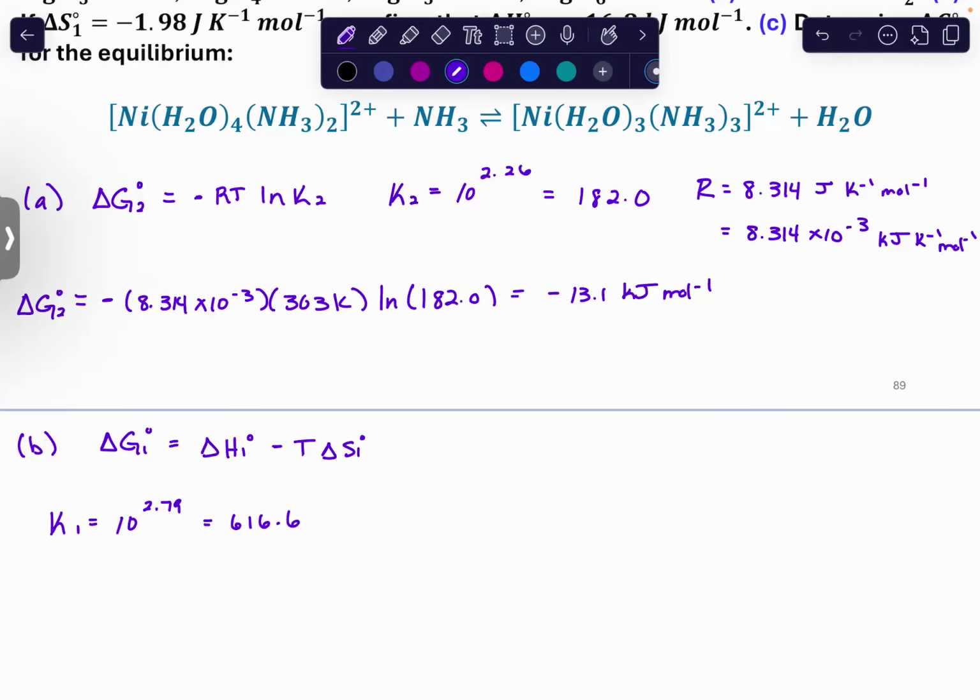But first off, just look at this, K2 versus K1. Do you see how much bigger K1 is than K2? That means that the equilibrium for that first replacement of a water with an amine ligand lies much further towards the products than even K2 does. So you can start to see how these are a prediction of stability.